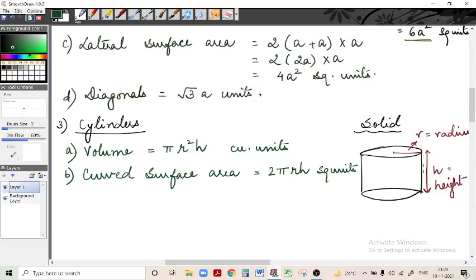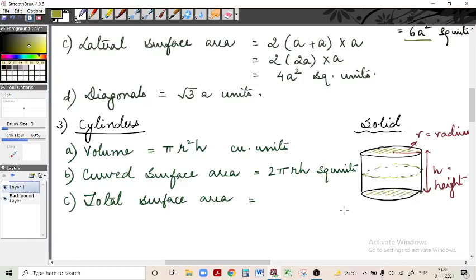That is this surrounding part all over. Okay, 2 pi r h. Next is total surface area. Total surface area is this surrounding, that is the curved surface area, plus this topmost part and this lower part.